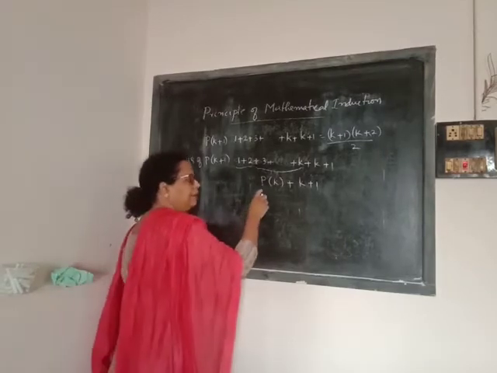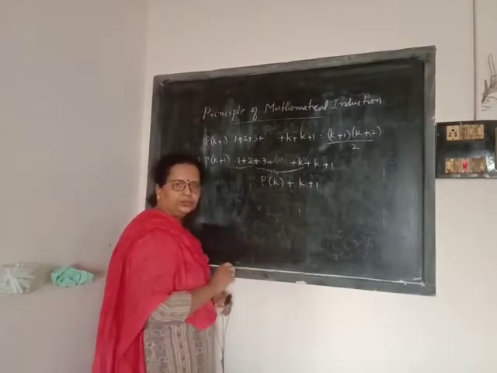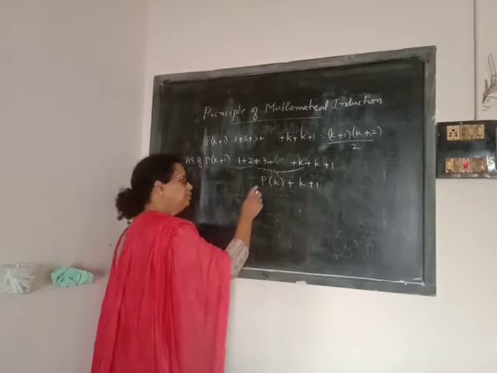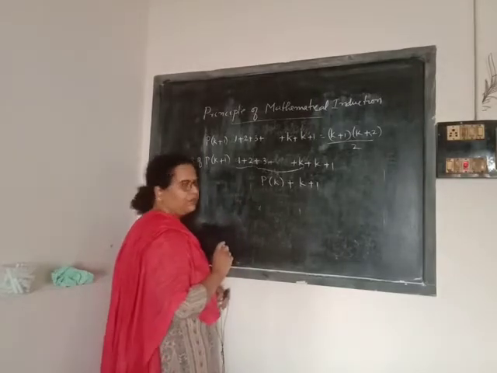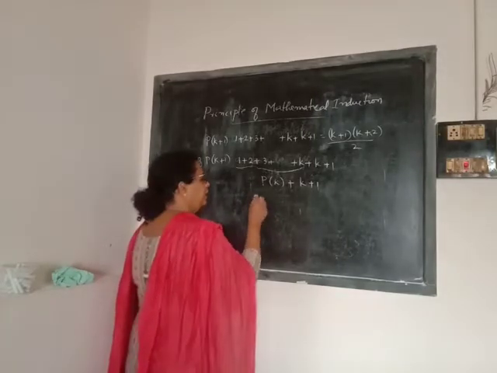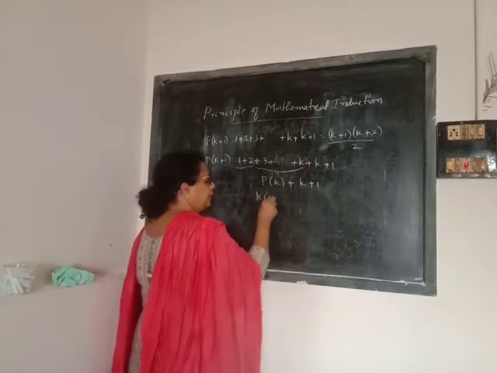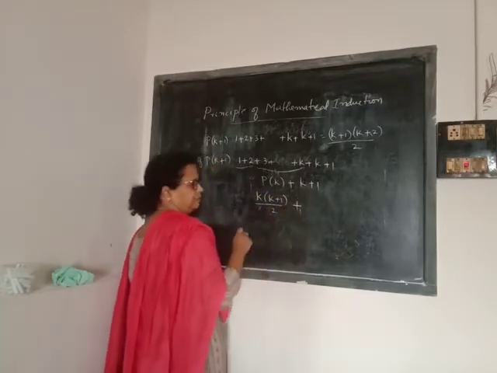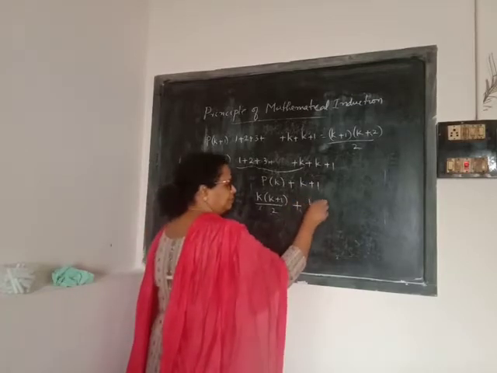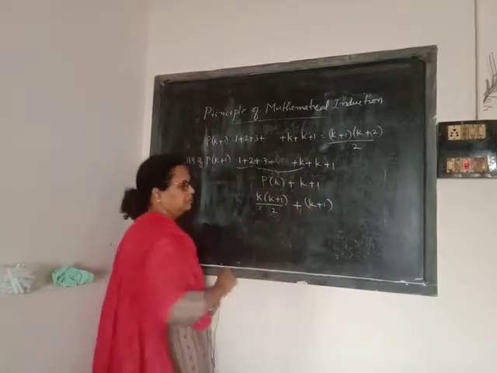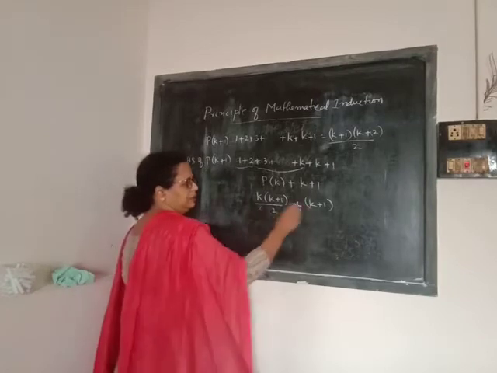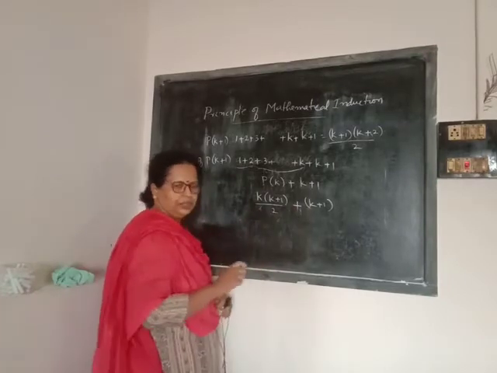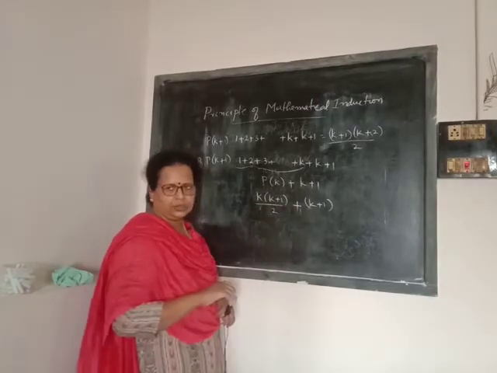And we have taken P of k is true. P of k is true means substitute the RHS of P of k. What is RHS of P of k? K into k plus 1 by 2 plus this k plus 1. Now look at the two terms. The easiest method is to take the common factor outside.